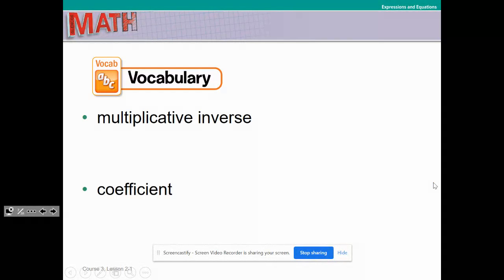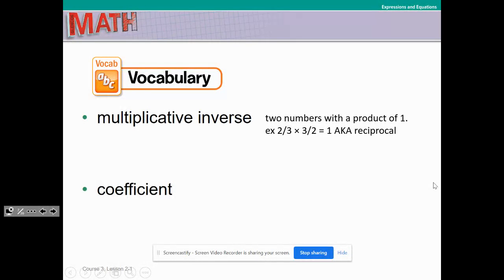Now, what do we have to learn vocabulary-wise? Please copy these down as we go. Multiplicative inverse, you might know a different word for it, reciprocal. Two numbers with a product of 1. For instance, 2/3 times 3/2 equals 1.